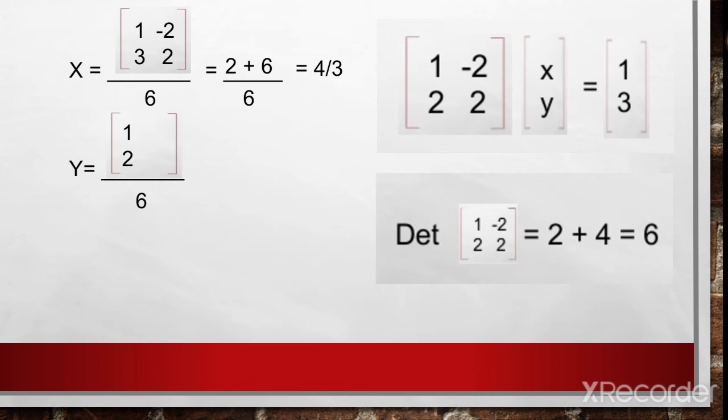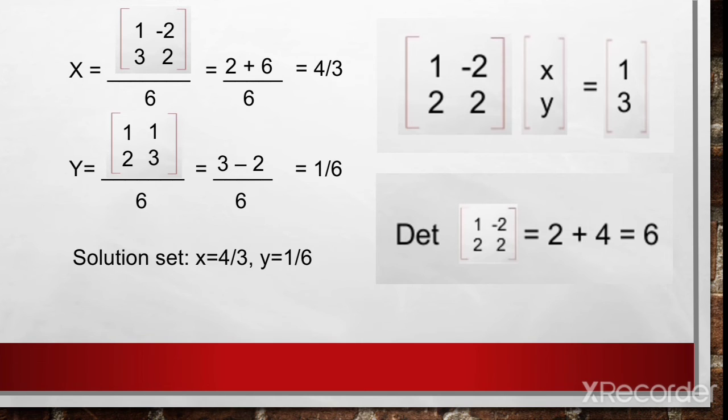So we have 1, 2 and 1, 3 over 6 as the value of our determinant, which is equal to, same as we did in finding the value of x, the determinant of the given 2 by 2 matrix. 1 multiplied by 3, minus 1 multiplied by 2, then 3 minus 2 is equal to 1. So we have 1 over 6. 1 over 6 is the value of our y. Therefore, we have this solution set: x is equal to 4 over 3 and y is equal to 1 over 6.